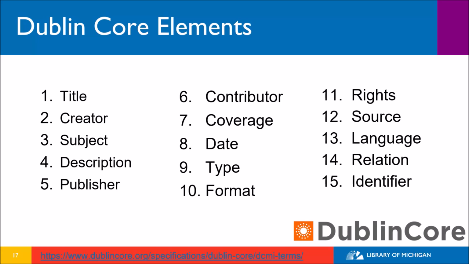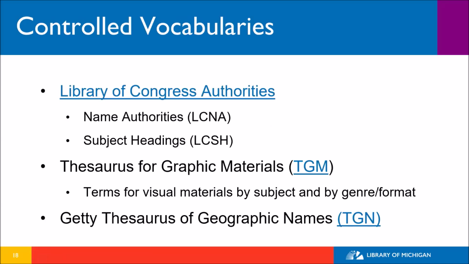So some of these elements are designed to be free text, like title or description, but others benefit from the use of controlled vocabularies. I'll just go into a little more detail and give some examples of some controlled vocabularies here. They are extremely useful in describing your items.